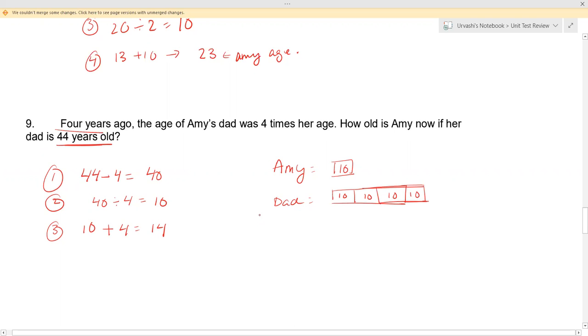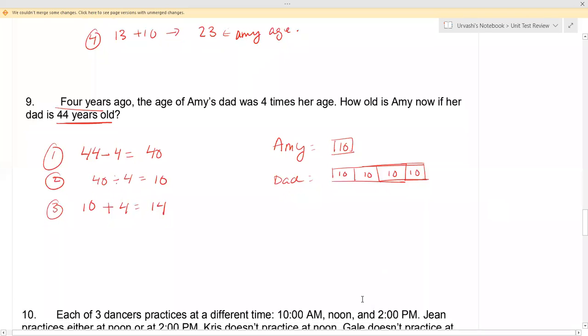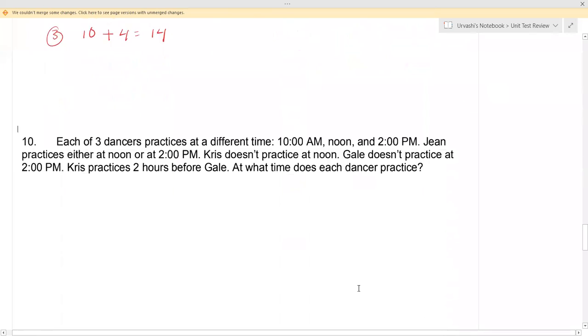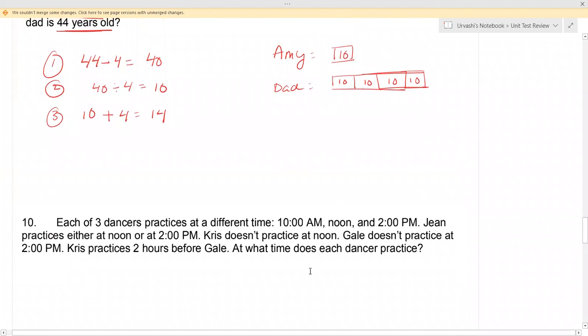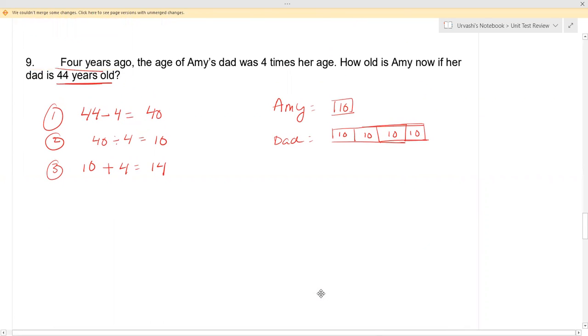I have another way. Sophia is going to show it, using algebra. We don't know Amy's age, so we start with that. We say she is X years old, and 4 years ago, her dad was 4 times her age.